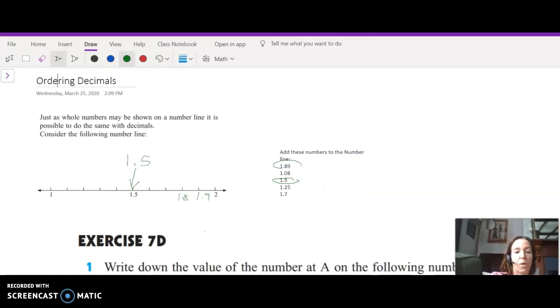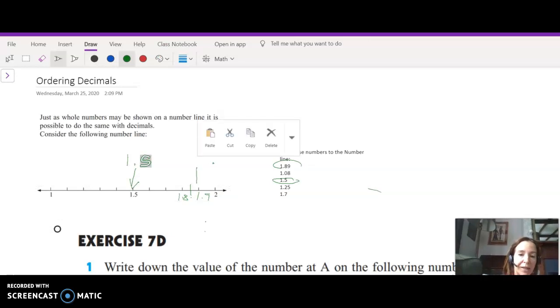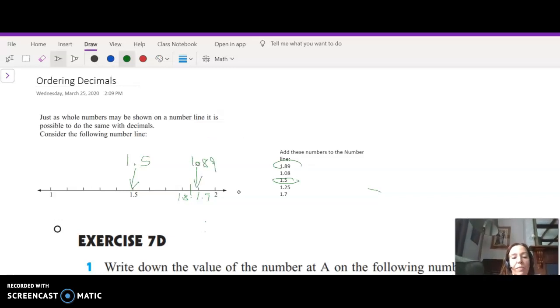It's just 0.01 away from 1.9. 1.85 would be exactly in the middle. So 1.89 is going to be, I need to be careful because my pen's not very accurate, just before 1.9.